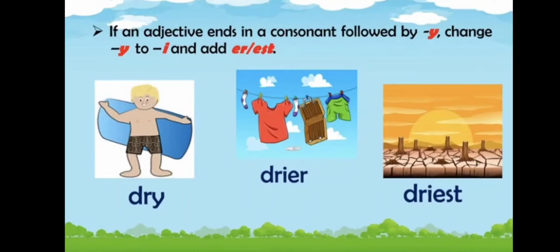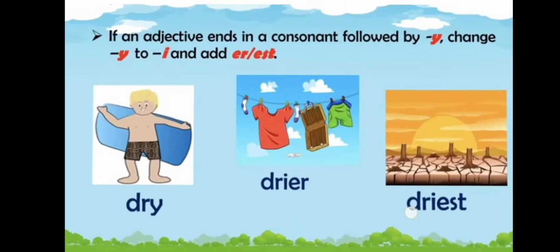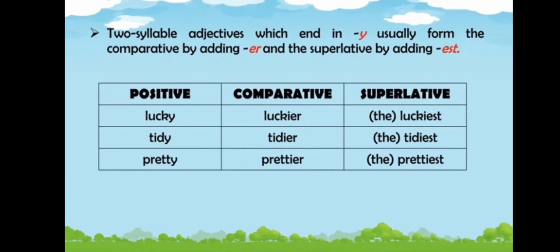And for superlative degree you will use IEST. Like here, dry, drier, driest. For more examples, here lucky, luckier, luckiest. Tidy, tidier, tidiest. Next, pretty, prettier, prettiest.